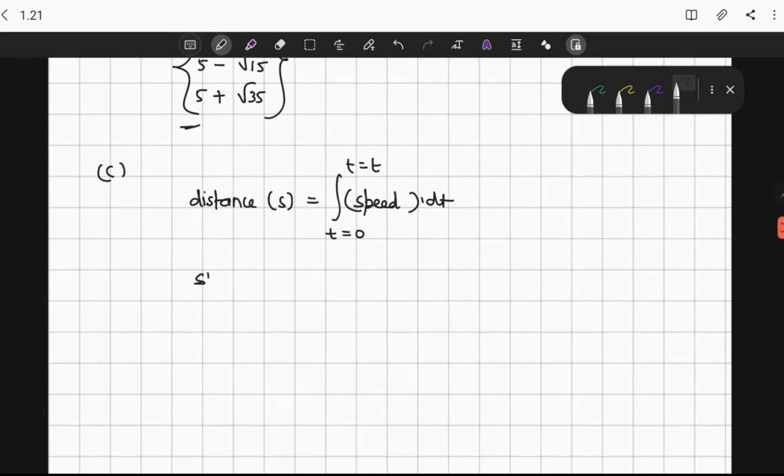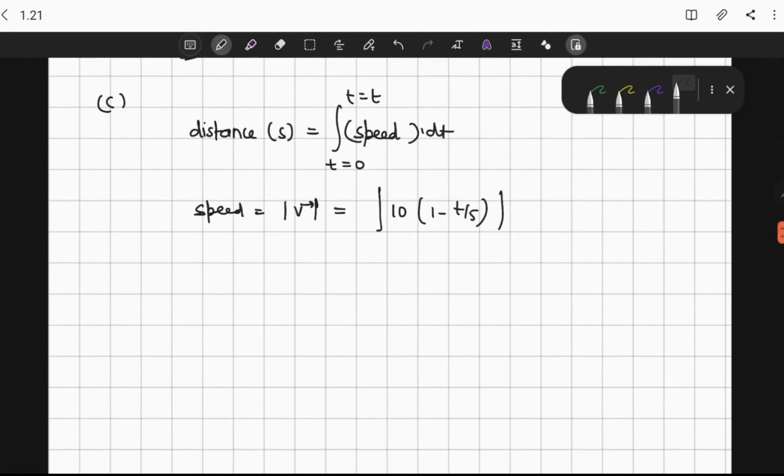Now speed we can write as the magnitude of the velocity, that is equal to 10 times the magnitude of 1 minus t divided by 5. Now if we look at this particular expression, this expression is 0 at t is equal to 5. This is positive when time is less than 5 seconds, and this is negative for time greater than 5 seconds.